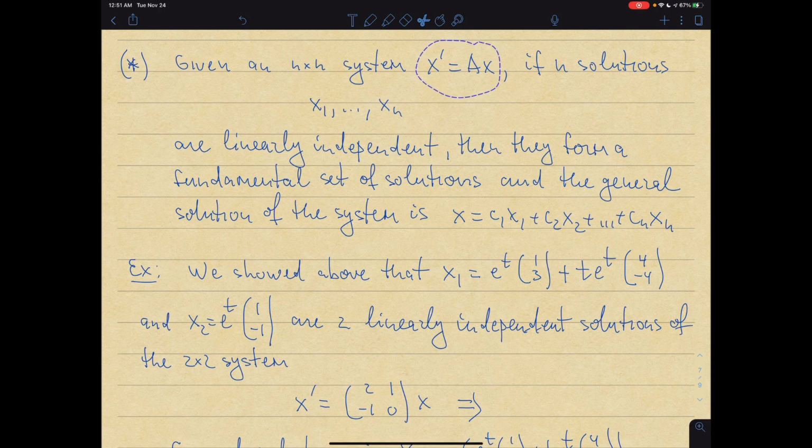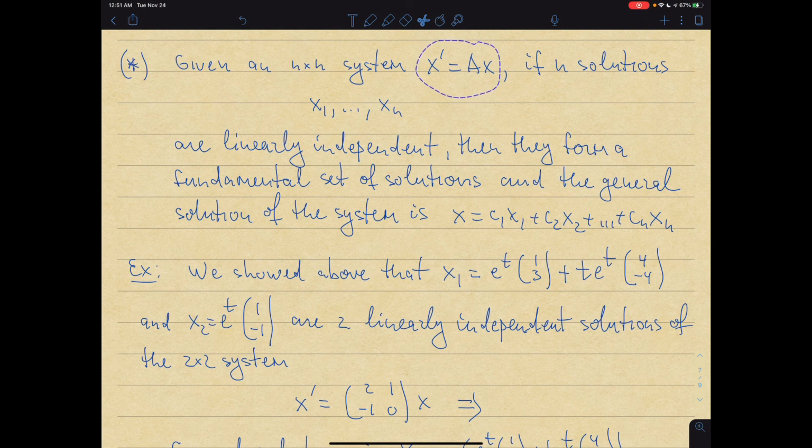If I do know n solutions, then I can write c1x1 plus c2x2 plus etc. plus cnxn, and by the superposition principle, that is going to be a solution of my equation and will have n unknown constants. In the 2 by 2 case, I'll need two constants. In the n by n case, because I took the first derivative of n x's, I need n constants.